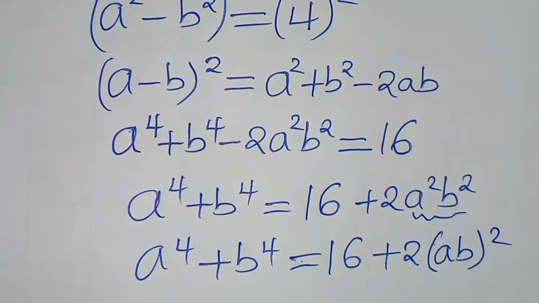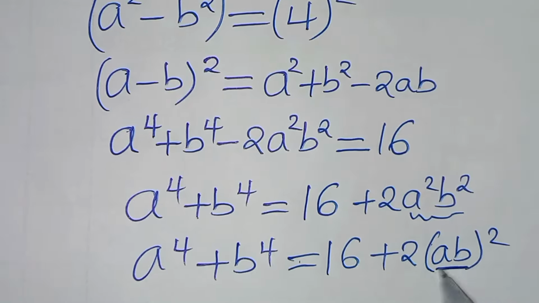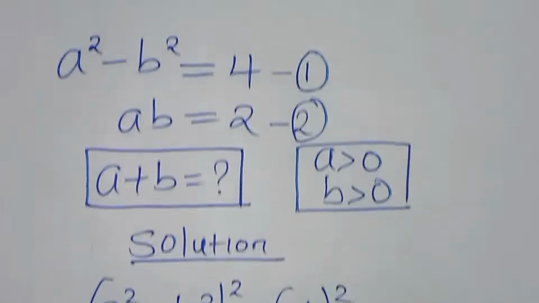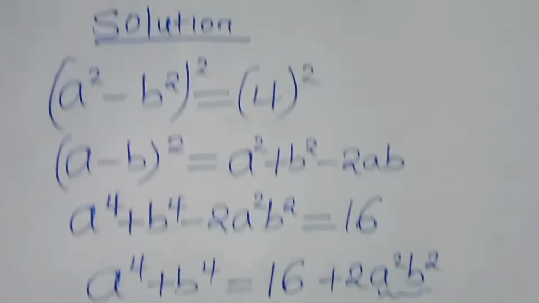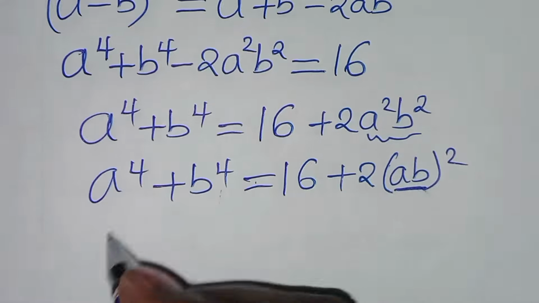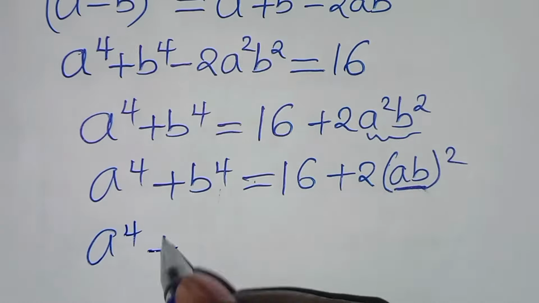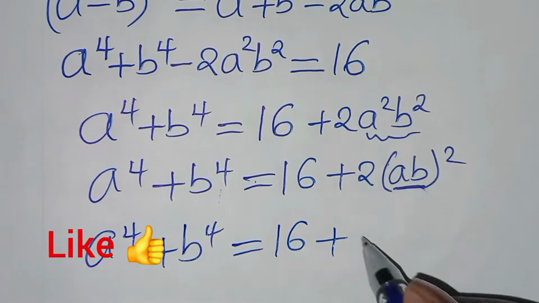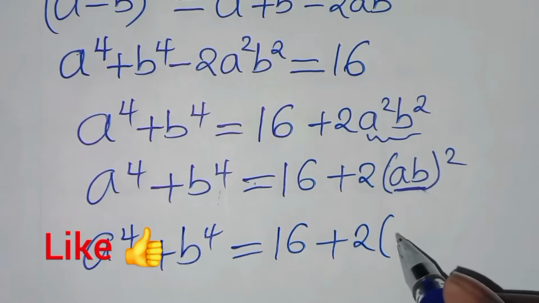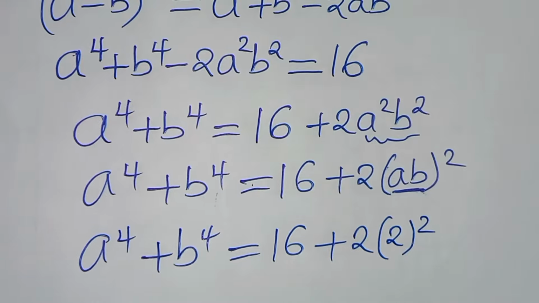We know what a times b is from equation 2: a times b is equal to 2. So let's substitute this. We have a to power 4 plus b to power 4 equal to 16 plus 2 times the parentheses 2 squared.